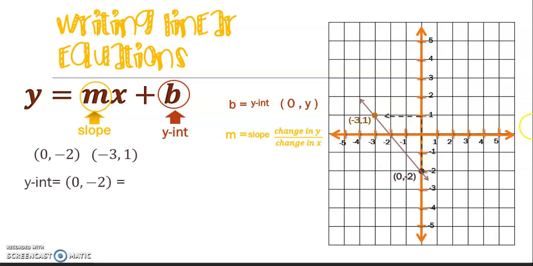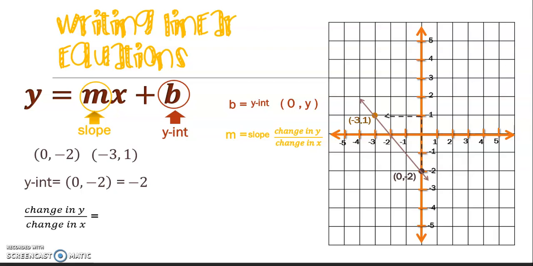My y-intercept is (0, -2) because it's on the y-axis. Don't forget that our y-intercept is always on the y-axis and is 0 in x. So this means that it's -2, my b is just -2.